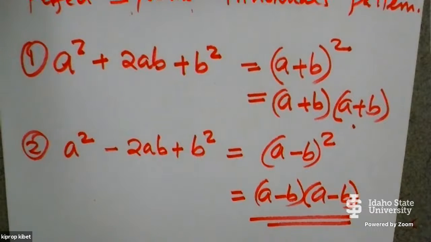If we expand a plus b square, it is similar to a square plus 2ab plus b squared. If we expand a minus b squared, then what do you get? A squared minus 2ab plus b squared. Now we are going to use all these patterns to factorize if you're given an expression of the form maybe a squared minus 2ab plus b squared.